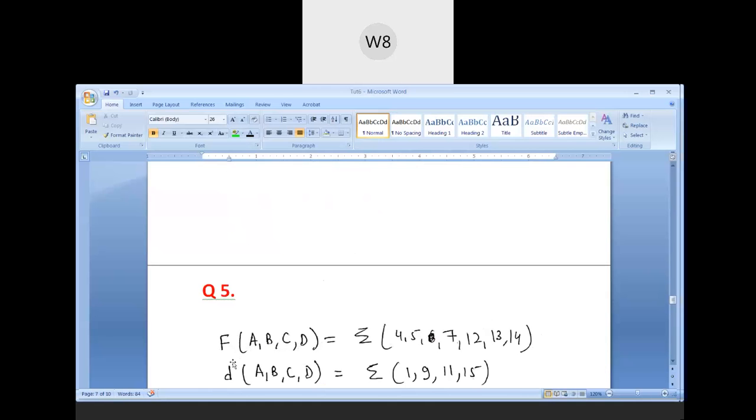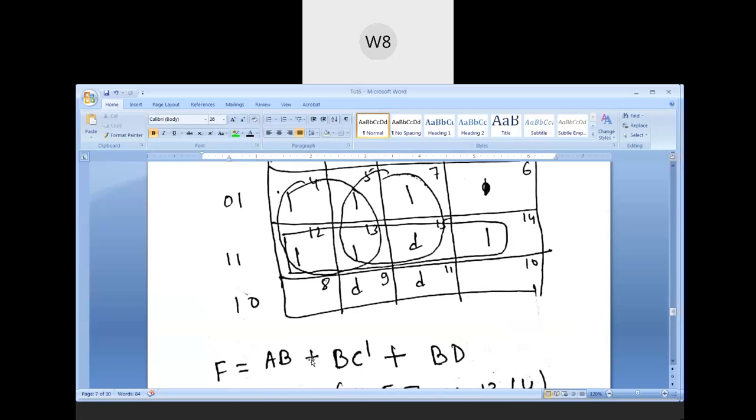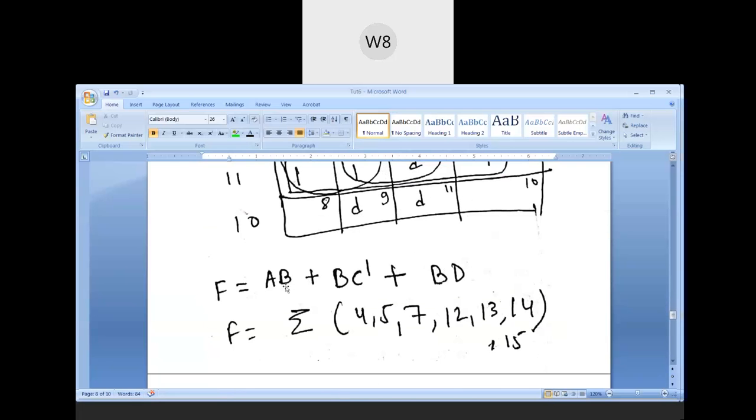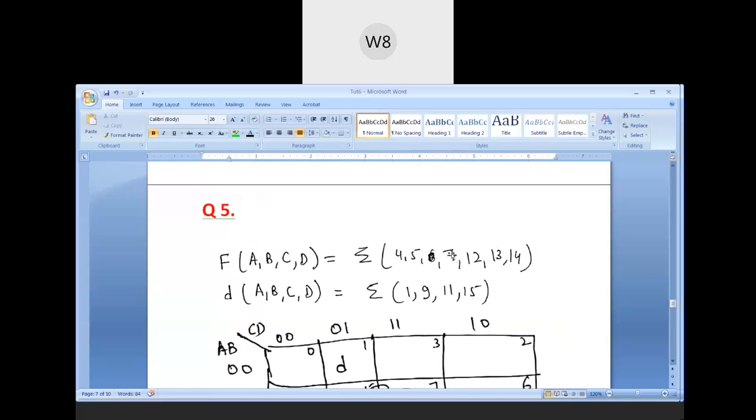We started with the sum of min term expression, but we exploited some of the don't cares to get a very compact or simplified expression for the Boolean function, which is this one. Now if we are asked to write the same function as sum of min terms, we will have to definitely include all these min terms which were given to us.